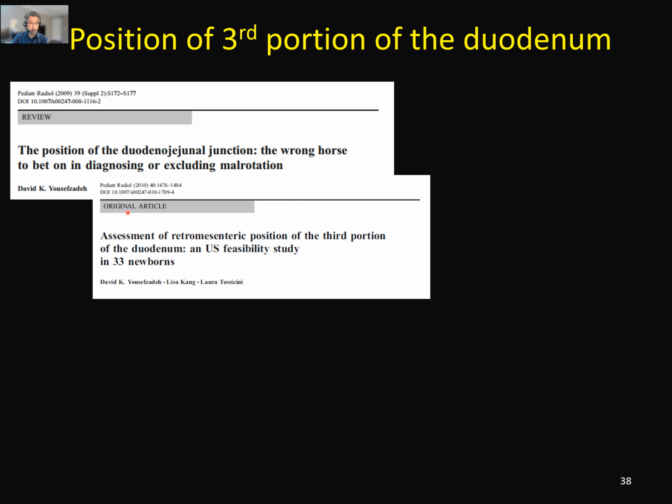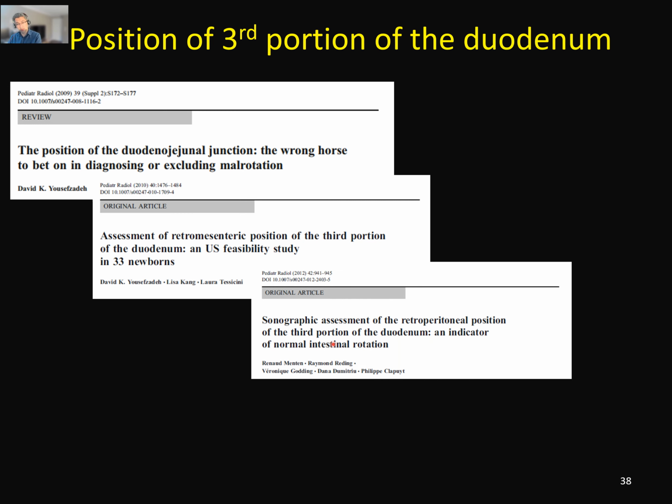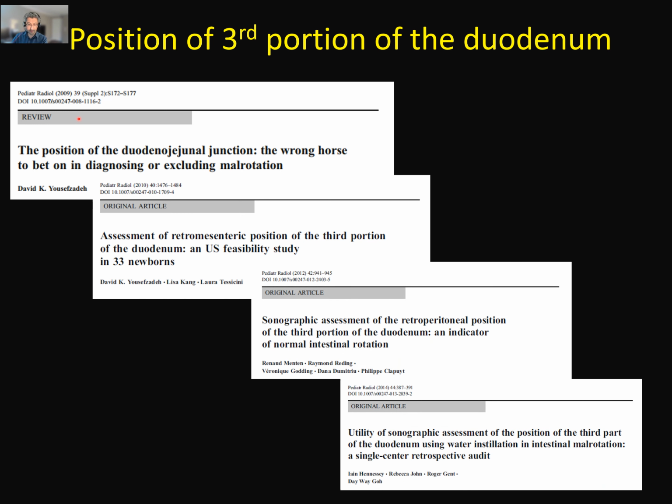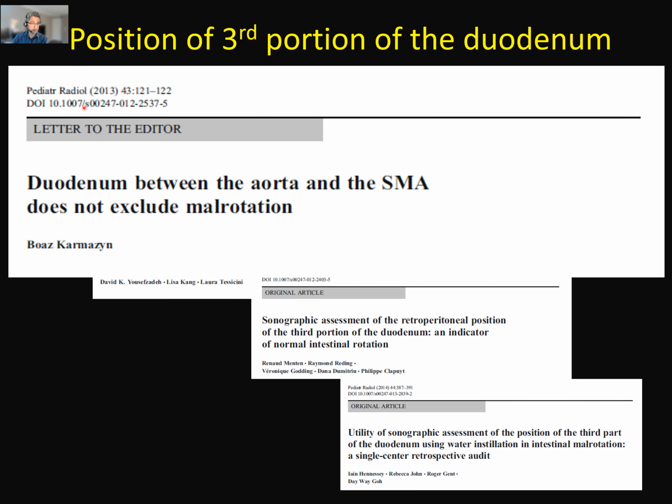They actually confirmed these results, almost 100% accuracy, and almost every year there was another article showing how accurate this was. And then a few articles, case reports, were reported as exceptional.